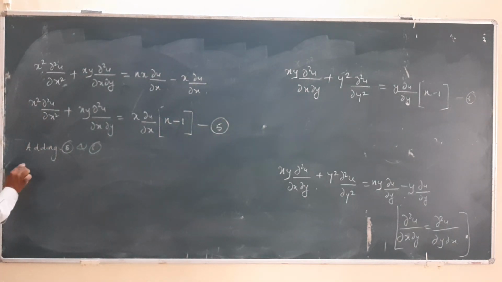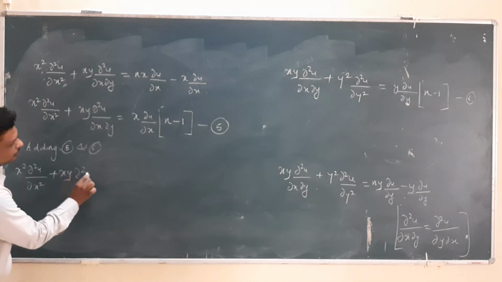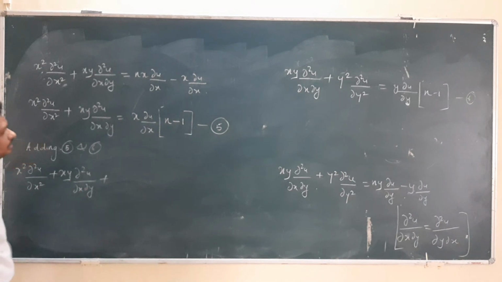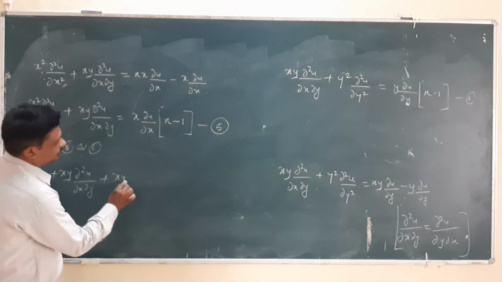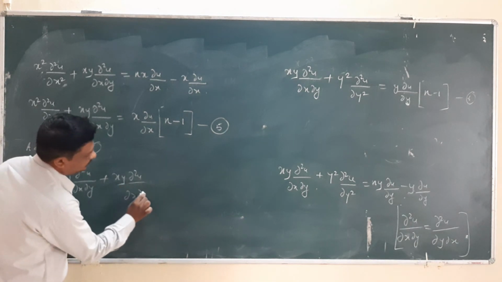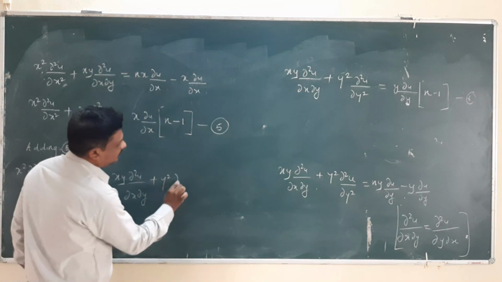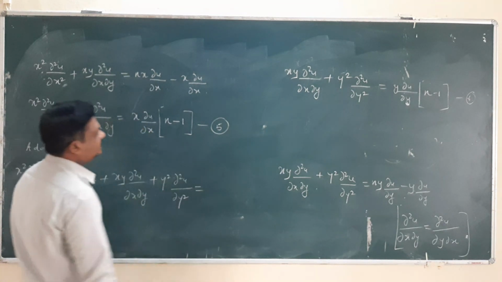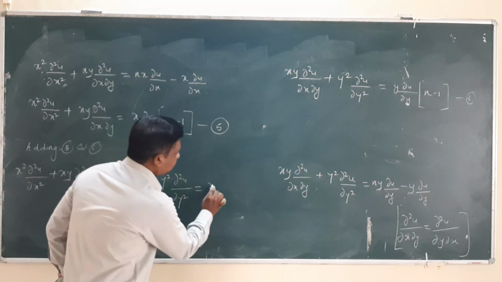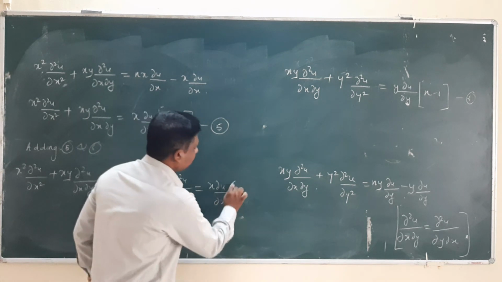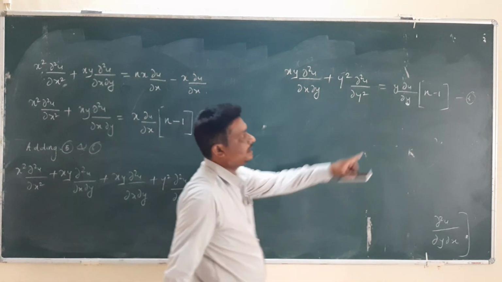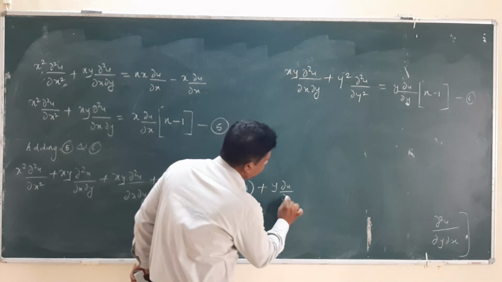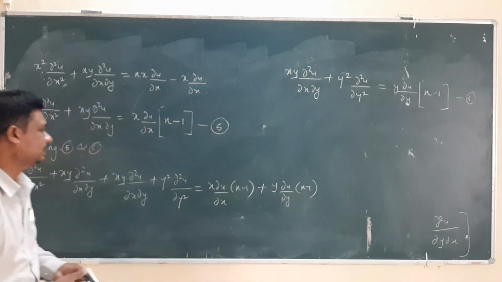So LHS is here x square dou square u upon dou x square plus xy dou square u upon dou x into dou y plus here is xy dou square u upon dou x into dou y plus y square dou square u upon dou y square is equal to, here RHS is x dou u by dou x into n minus 1 plus here RHS is y dou u by dou y into n minus 1.